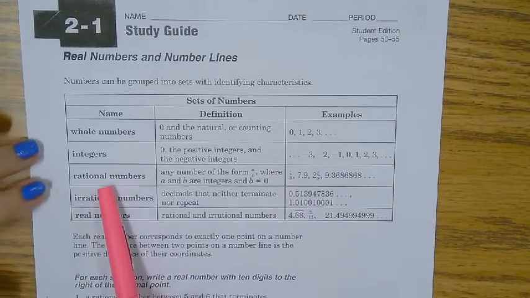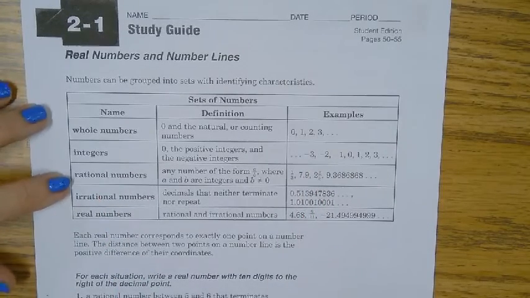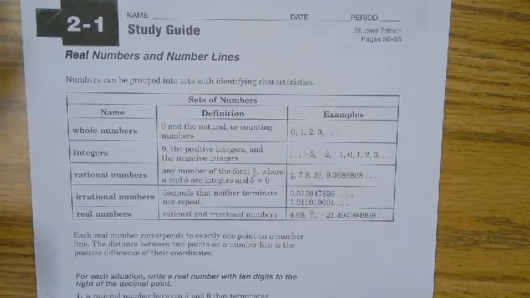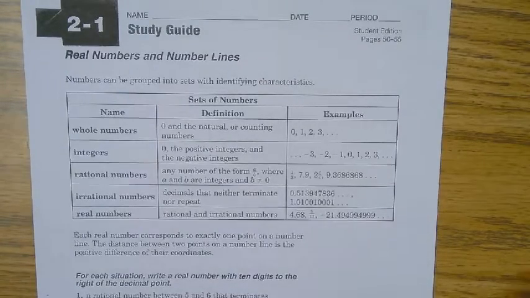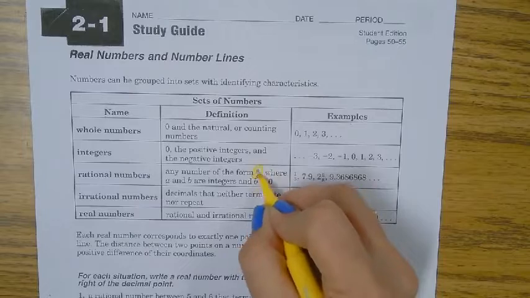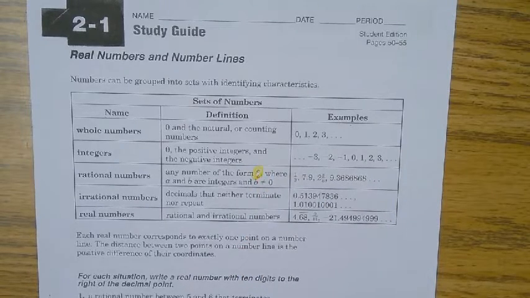Are we good? Then rational numbers. This is where it gets a little funny, I think. Because by definition, a rational number is any number that can be written in the form of a over b, or basically it's just that can be written as a fraction.